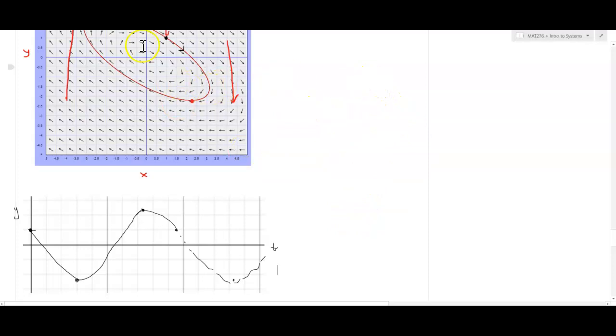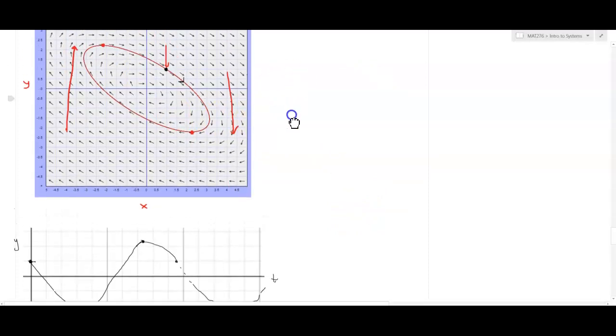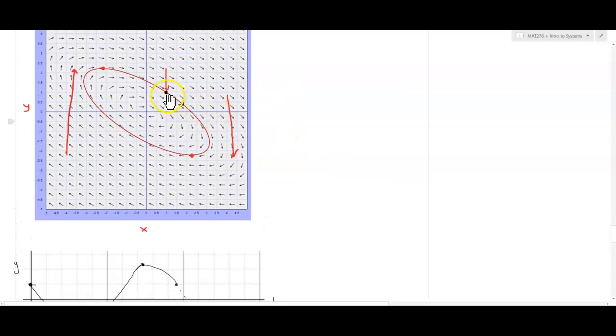Now x of t is pretty much doing the same thing, except x starts off by increasing. Remember, x is in the right-left direction. So let's clear off some of this. Actually, maybe I'll just use a different pen. Okay, so from this value, the point moves along here, and x is increasing, x is increasing, until about this point.